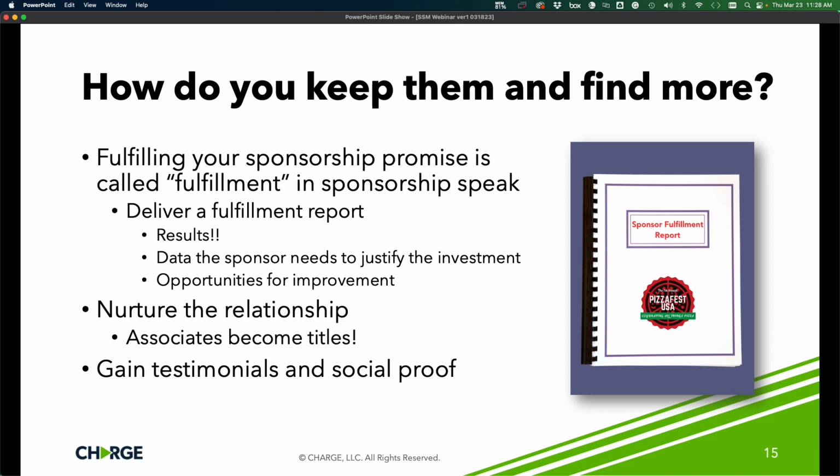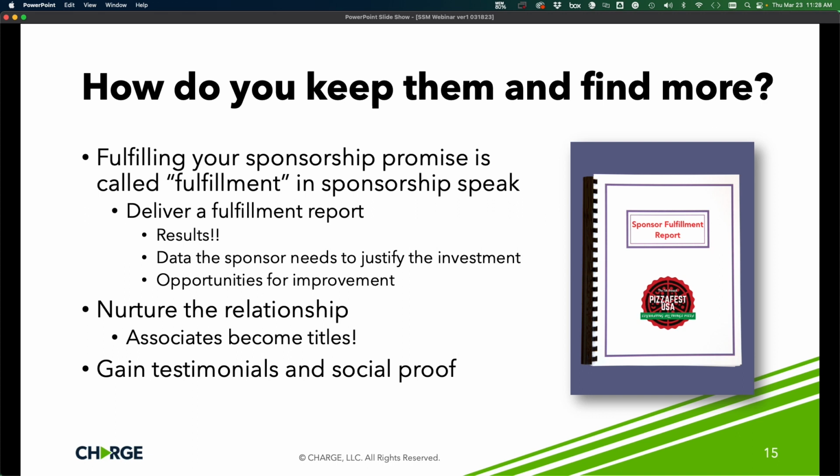Nurturing the relationship is building trust, building a track record of success with your sponsorship. So eventually title sponsors leave, but your associate sponsors who you've already sold can move up and take the place of a title sponsor, so you don't need to start the sales process all over again and find new sponsors.